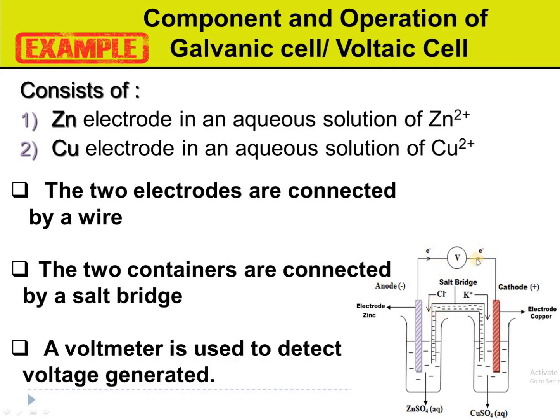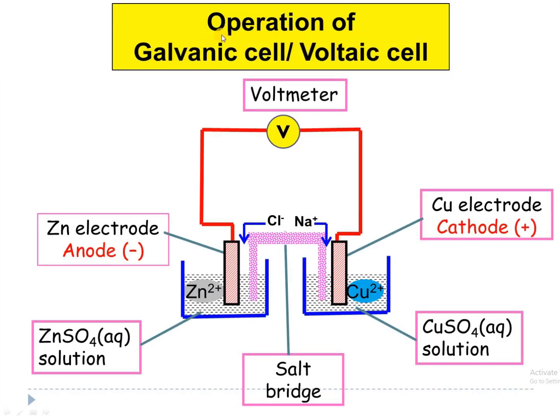And last, a voltmeter is used to detect the voltage generated. Now we study the operation of galvanic cell or voltaic cell. This is one example of galvanic cell between copper and zinc. For your information, students must remember, in galvanic cell, electrons must flow from the anode to the cathode.